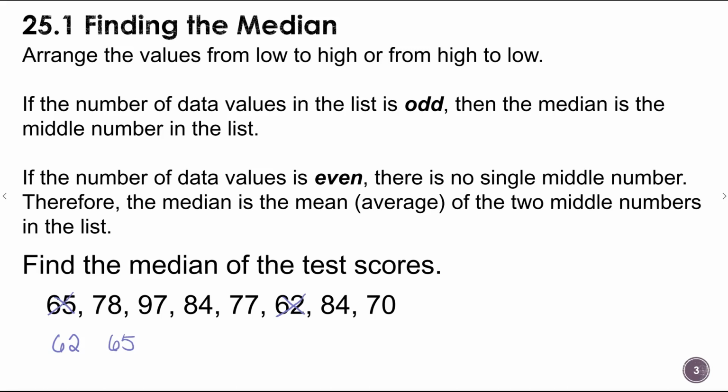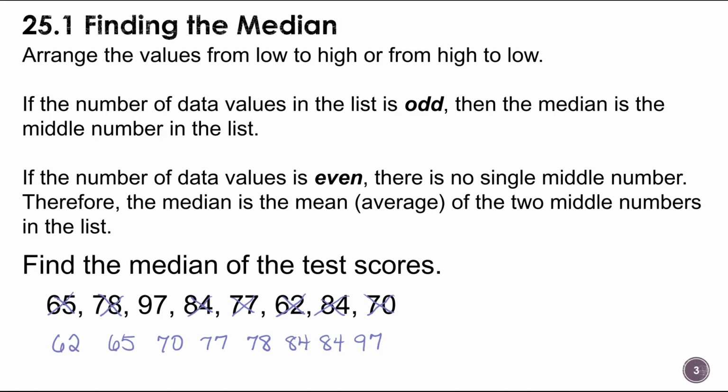So the next one then is 70, and then we have 77, and then 78, 84, and 84 again, and then 97. 1, 2, 3, 4, 5, 6, 7, 8. I always double check mine by counting. Did I put all the numbers in my list?